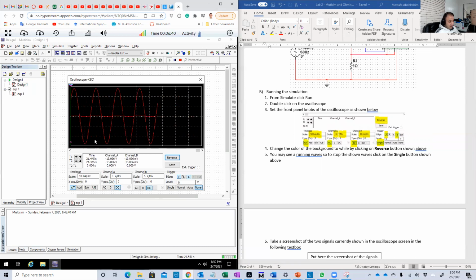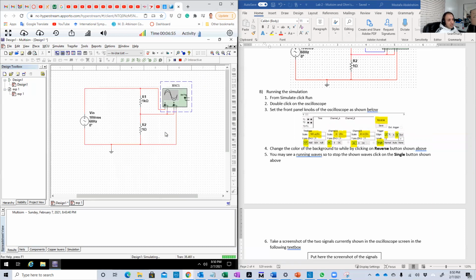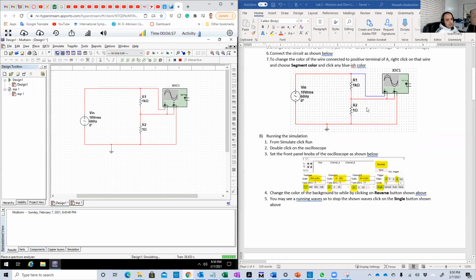One signal is shown and really clear. The other one is also red, and it's very small, so the scale is not expanded a lot. So before we deal with other things, let's close this and change the color of one of the signals to blue, because now they are both red.